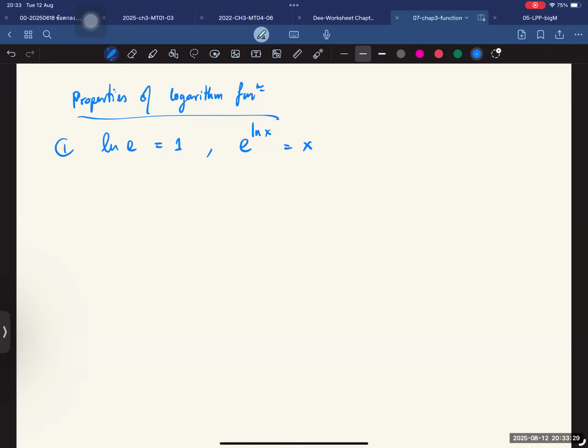And we have another property, like the log of a base b. This can be written as the natural log of a divided by the natural log of b. Okay, this is quite important, that I recommend you to use it.